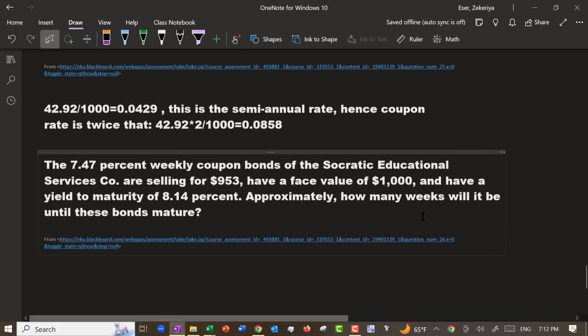The coupons are weekly, okay? So let's see. Coupon rate, 7.47. What's the coupon frequency? The coupons are weekly. How many coupons are there in a year? 52.